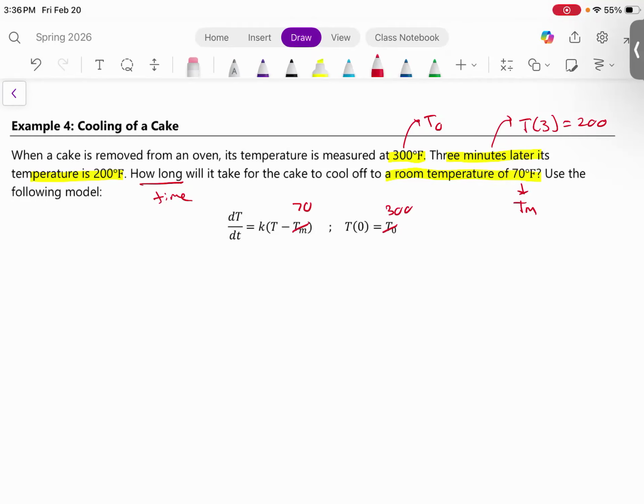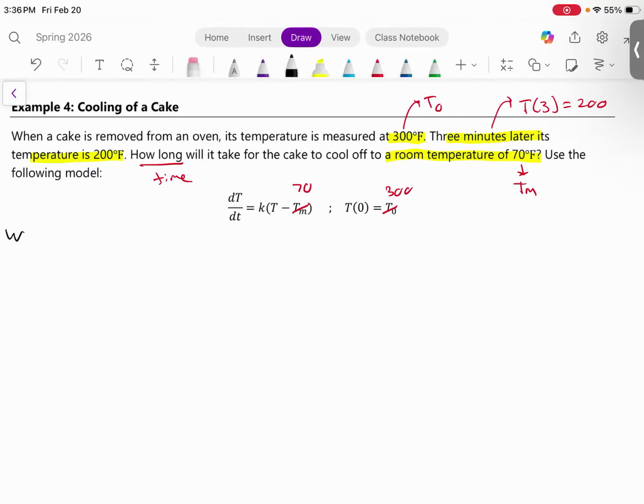So we know a solution to this differential equation is a Newton's law solution.